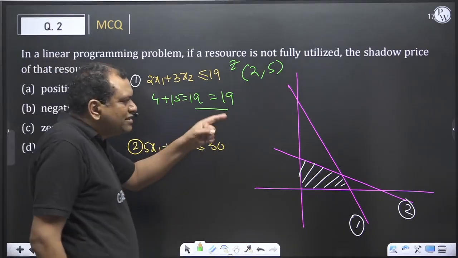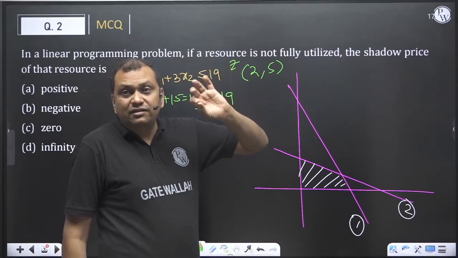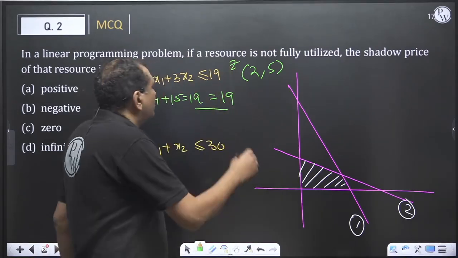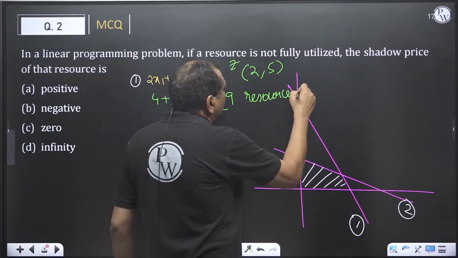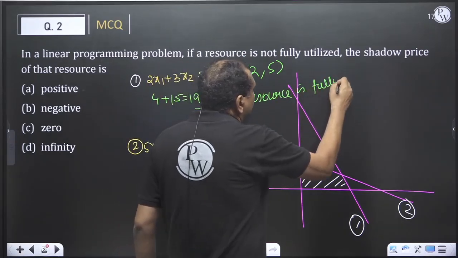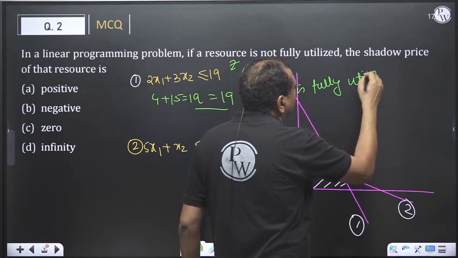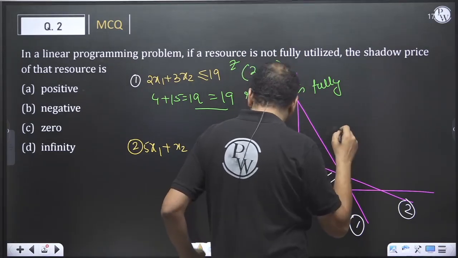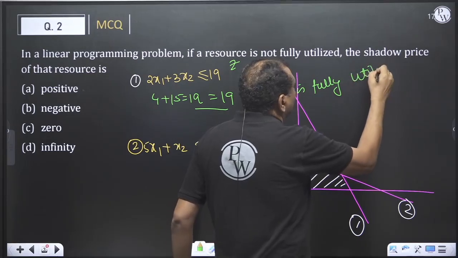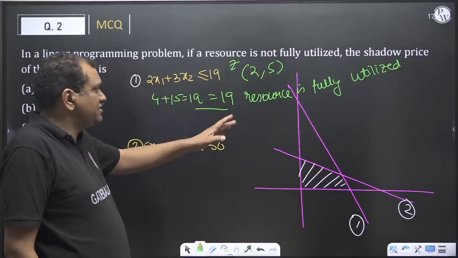These constraints are resources. So this resource is fully utilized.